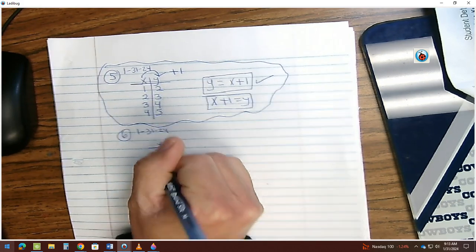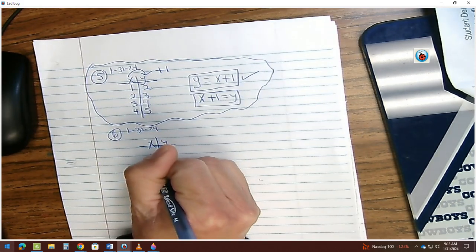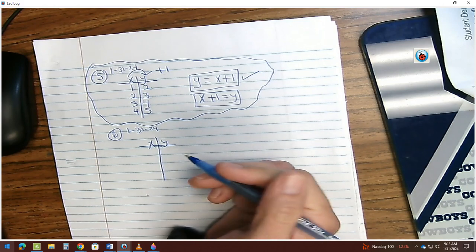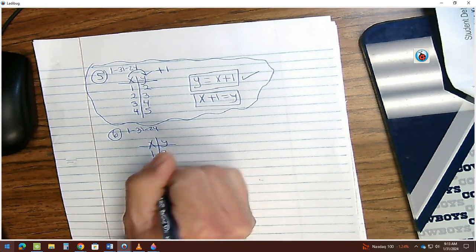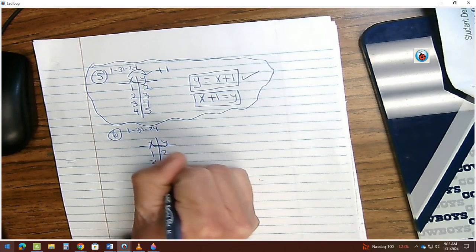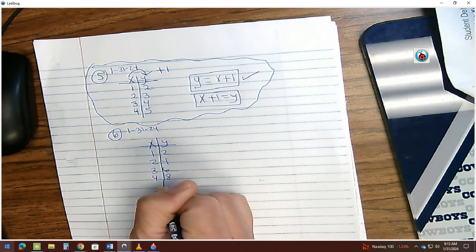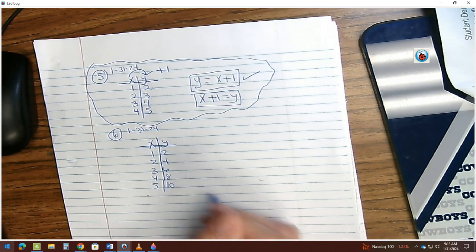X and Y, give me the numbers. Hurry up. What are the numbers? 1, 2, next. 2, 4. 3, 6. 4, 8. And if you would have continued, we even had 5, 10. Just so you know, this one was not part of the table.